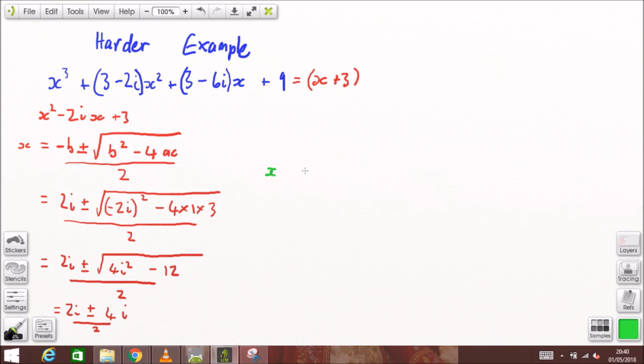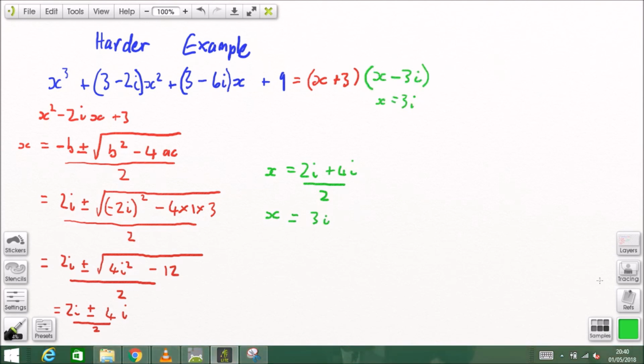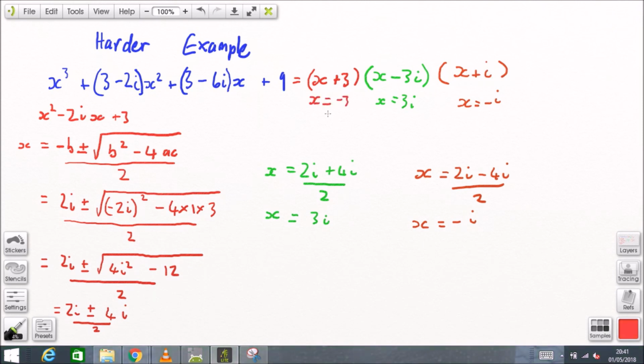Negative 16 will factorize to 4i. So if we take the plus, it's going to give us x equals 3i. So if x equals 3i, our bracket is x minus 3i. And if we put the minus sign in, 2i minus 4i, that's all going to simplify to negative i. So our final bracket here will be x plus i. So these are our three solutions, and we did it using the factor theorem.